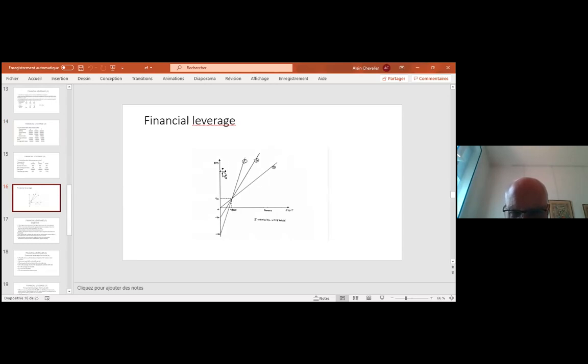So on this axis, you get the earning per share. On this one, you get the EBIT. And at the beginning of this analysis, you know the results of the preceding calculation, which means here 200 level of EBIT, 166 level of earning per share for A.